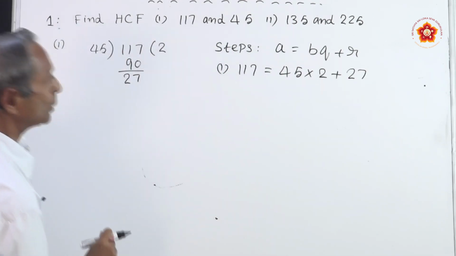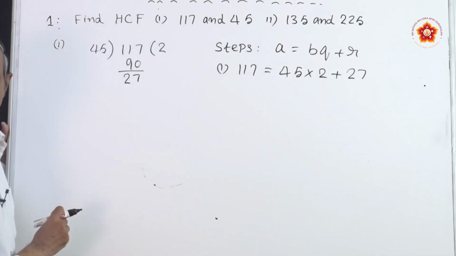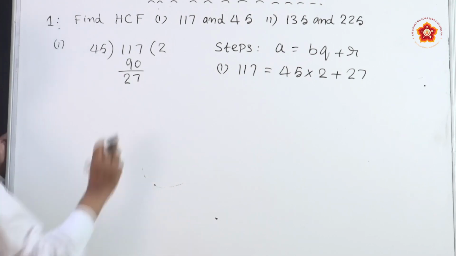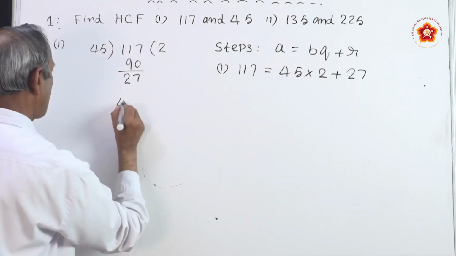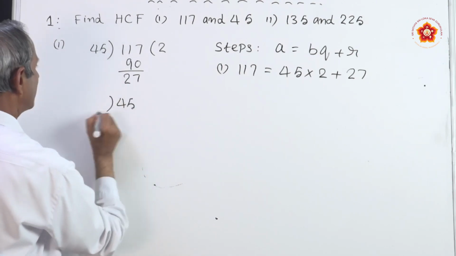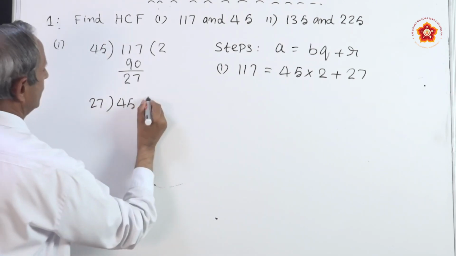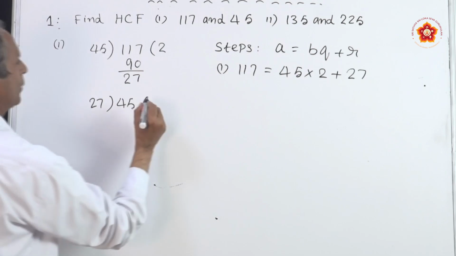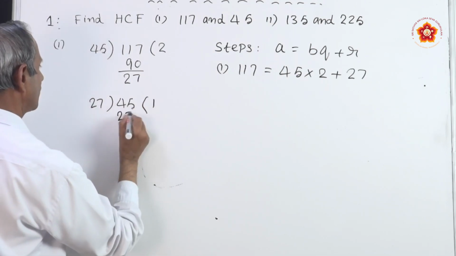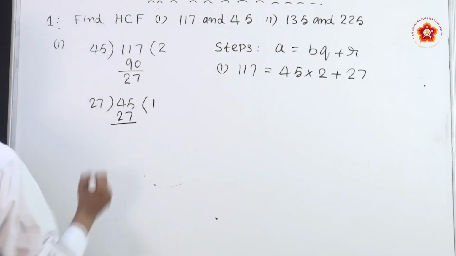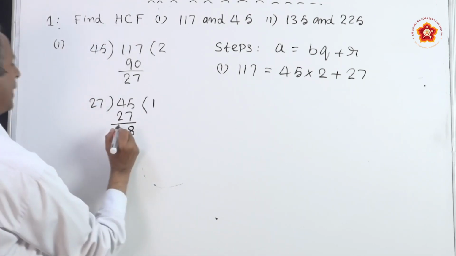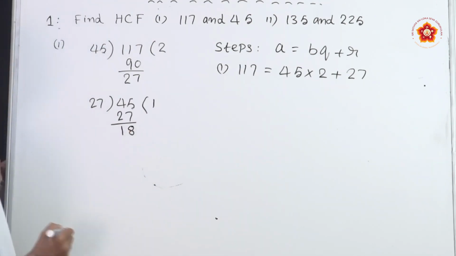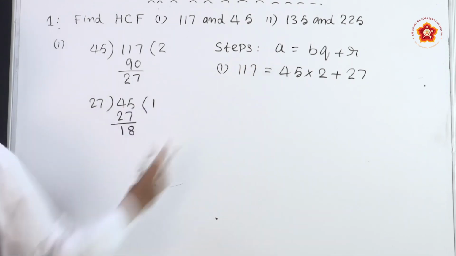Now, we have to continue this procedure until you get the remainder equal to 0. Next, you have to take 45 as a now and 27 as b now. It will go only one time, 27 times 1 is 27. Now, subtract, you will get 18. Once again apply the division lemma.